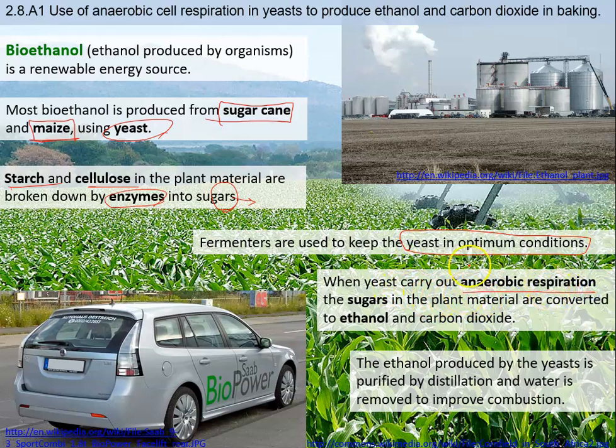Once the yeast is doing anaerobic respiration, the sugar in the plant will be converted into ethanol, and then that ethanol will be purified by distillation, and then water will be removed. And actually, this is a bioethanol for industrial usage.